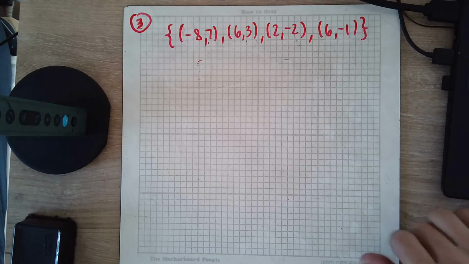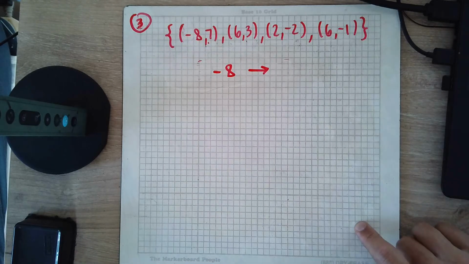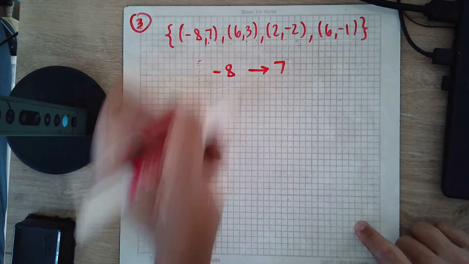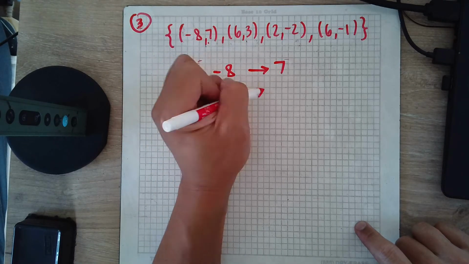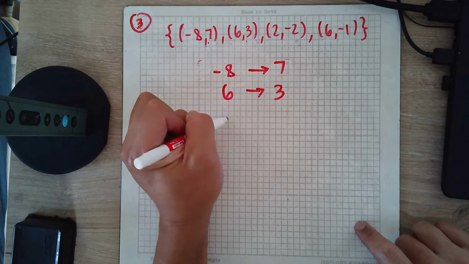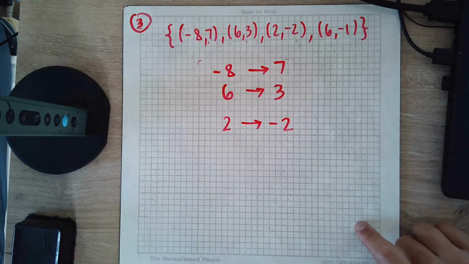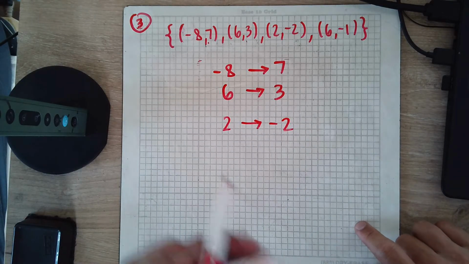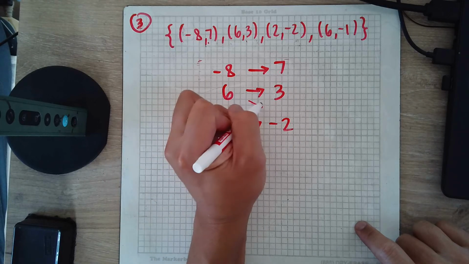So if my input was -8, I would have an output of 7. If my input was 6, I would have an output of 3. If my input was 2, I would have an output of -2. And once again, if my input was 6, I would have an output of -1.